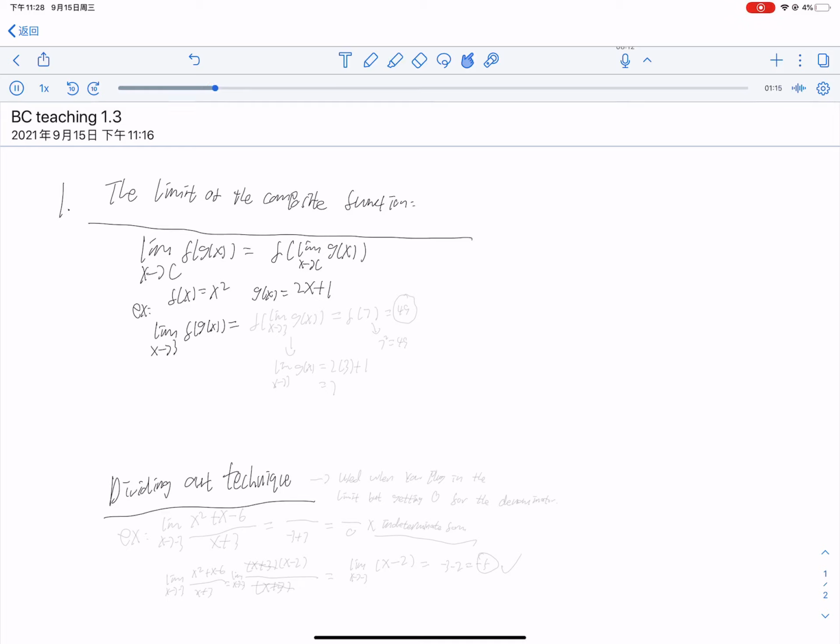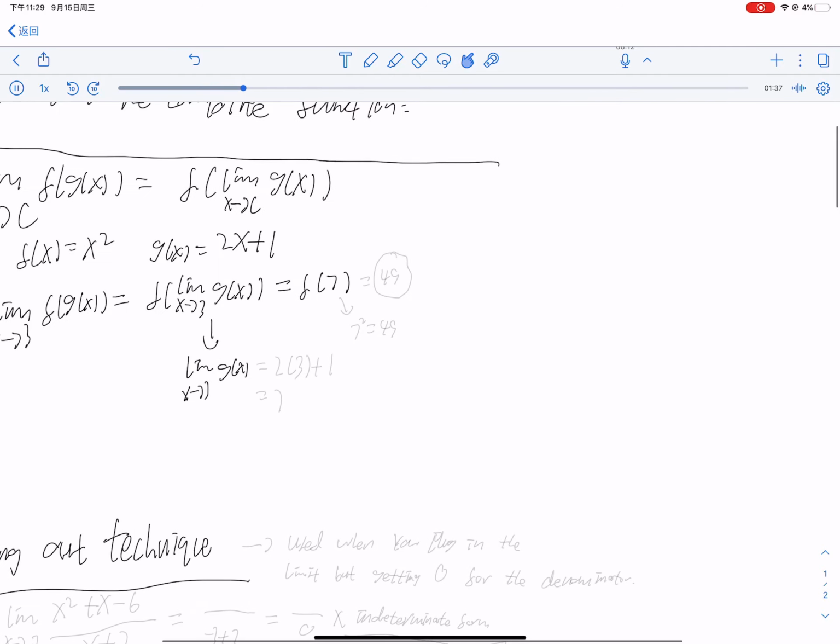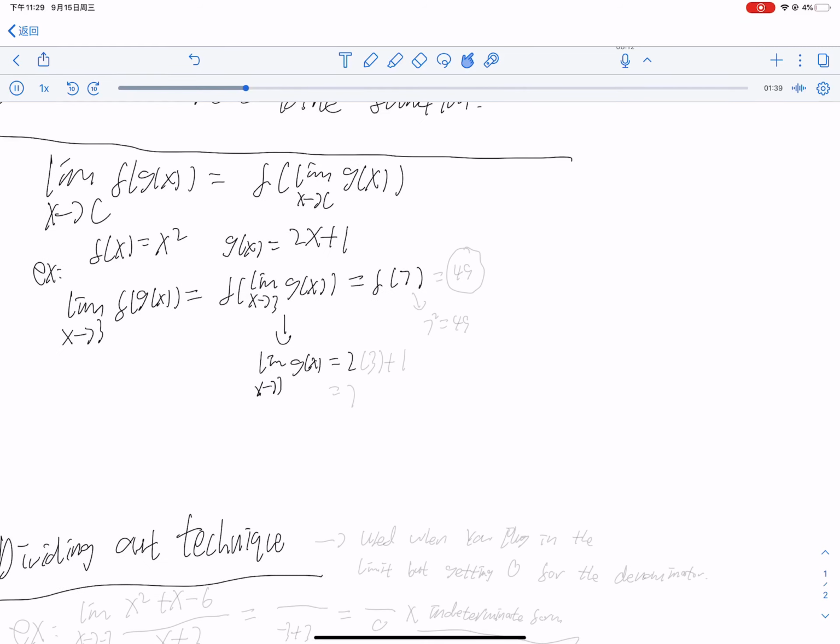This is f of the limit as x approaches 3 of g of x, which is f of 7, right? Because the limit as x approaches 3 of g of x is 2 times 3 plus 1, which is 7.